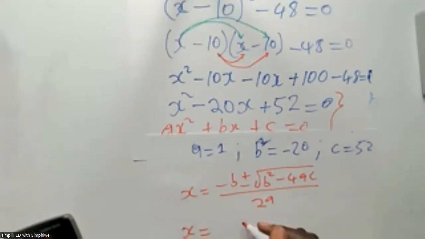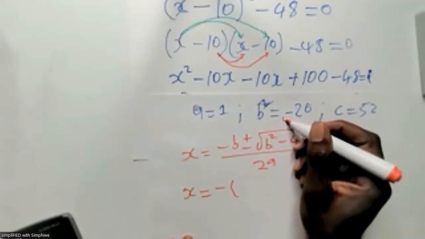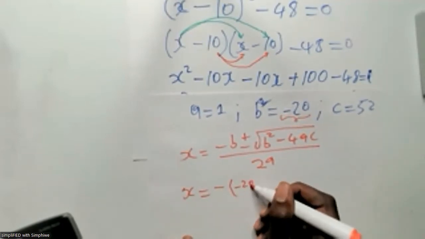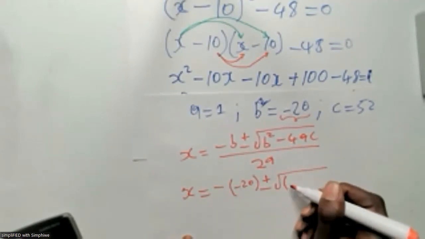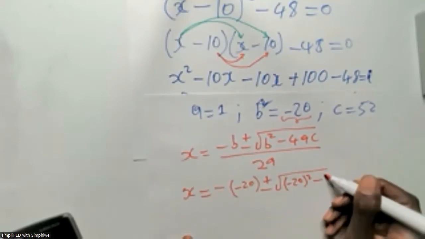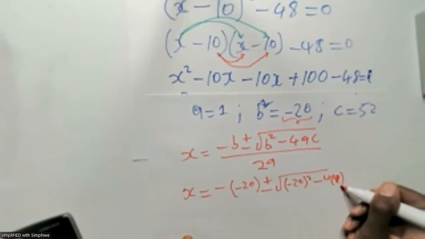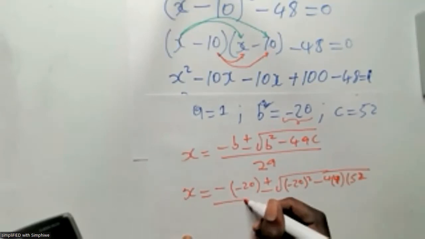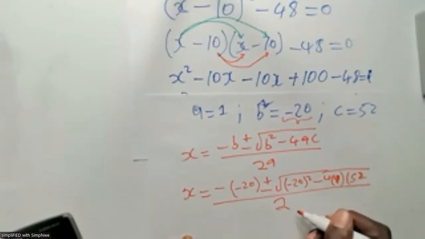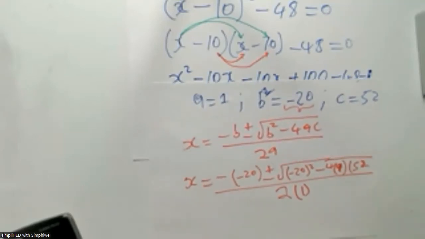Therefore, this is the same as x is equals to minus b, which is minus 20, plus or minus the square root of minus 20 squared minus 4, a is 1, c is 52, all over 2a.